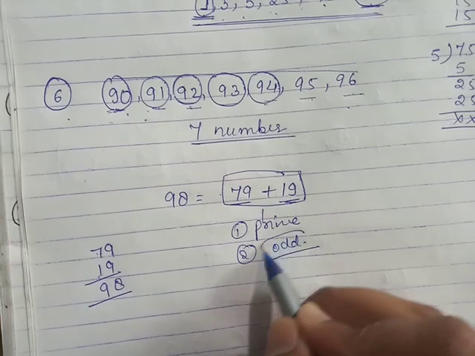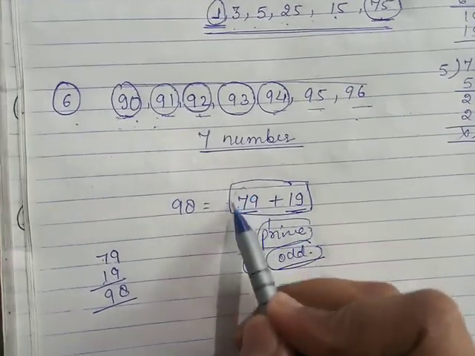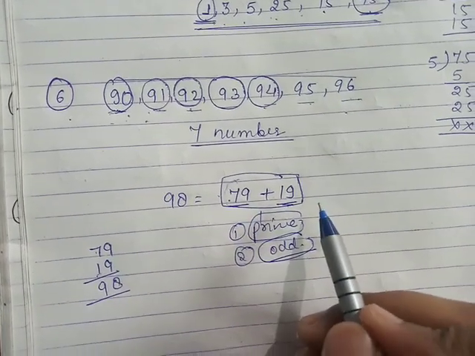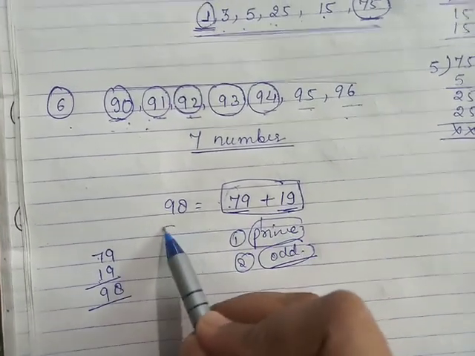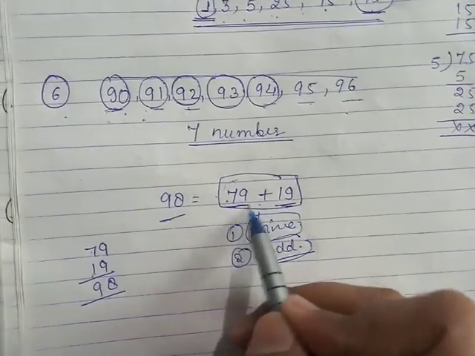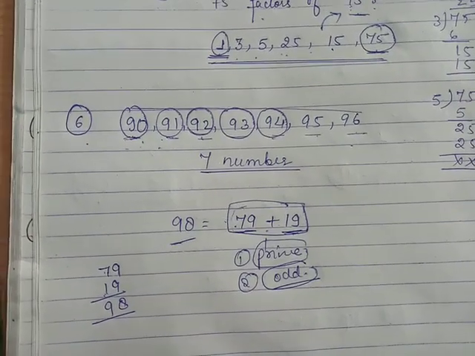This is also odd and it is also prime. Basically it is not divisible by any other number except 1 and the number itself. Okay, so 98 when broken into two odd prime numbers will be 79 and 19. So we have completed our question number 7.